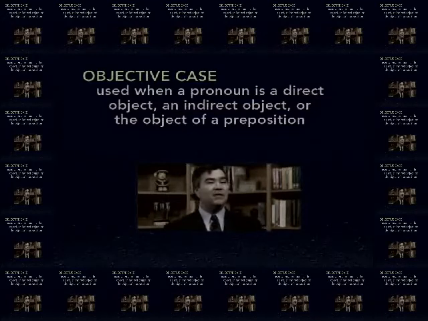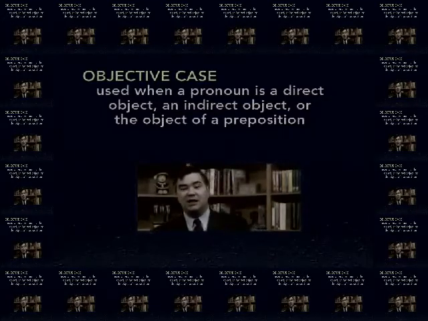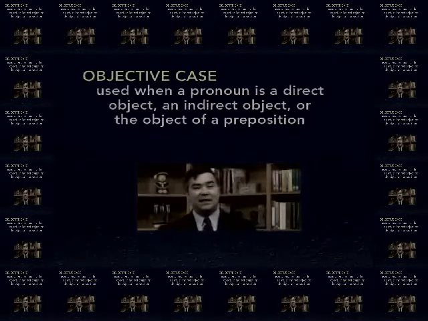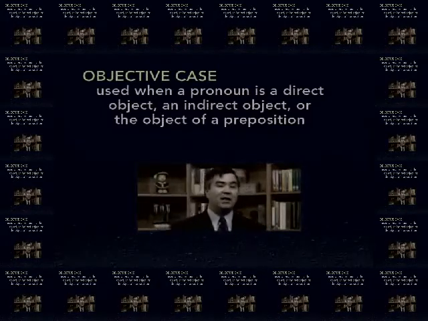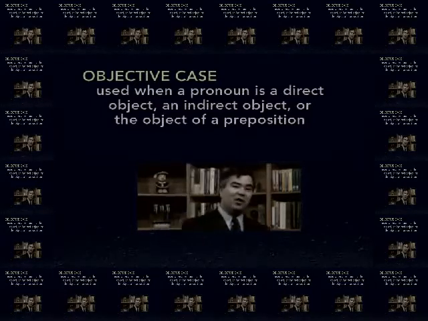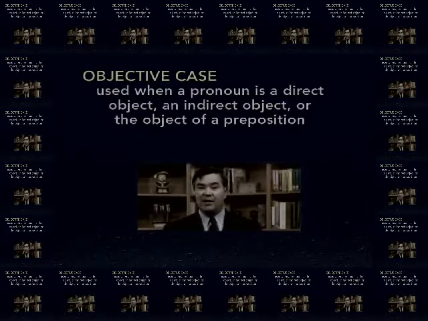It doesn't receive the action of the verb directly, as the direct object does. It receives it indirectly. Once again, not all sentences contain indirect objects. When an indirect object appears, it will appear between the verb and the direct object. And if the indirect object happens to be a pronoun, then it should be in the objective case.